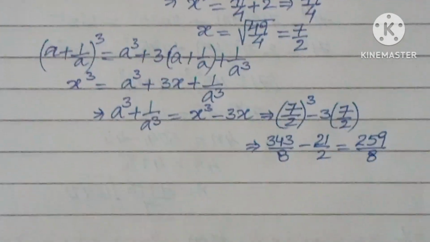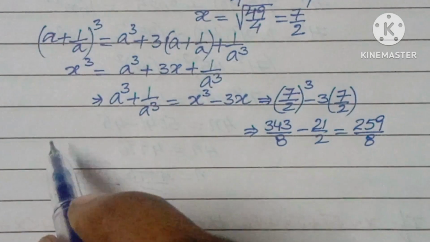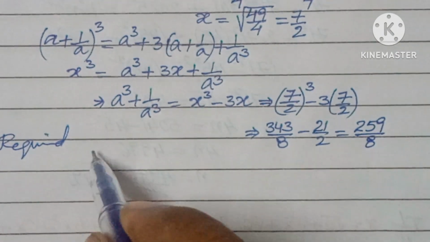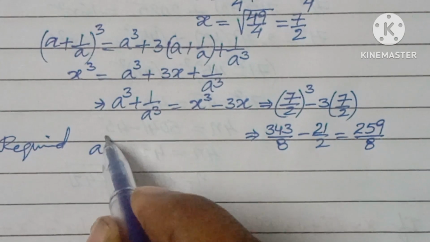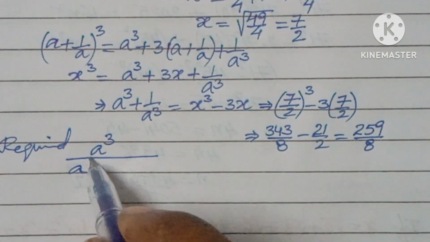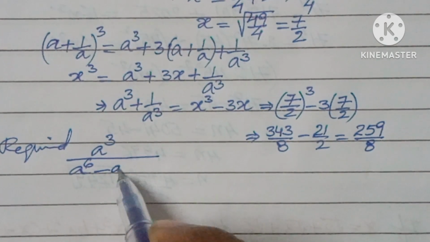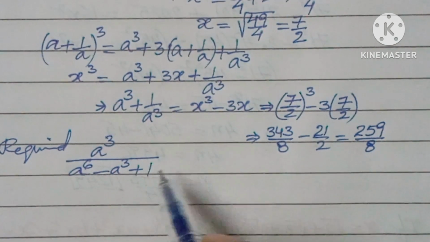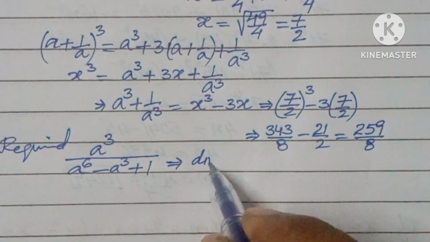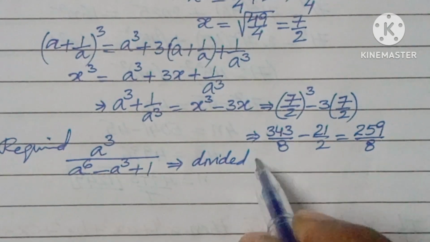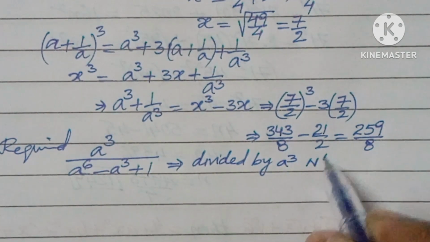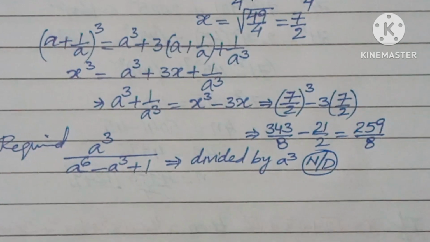Why are we finding this value? What you have to prove, that you will take now. So what is required? a cube by a power 6 minus a cube plus 1. So here divide by a cube in numerator and denominator.